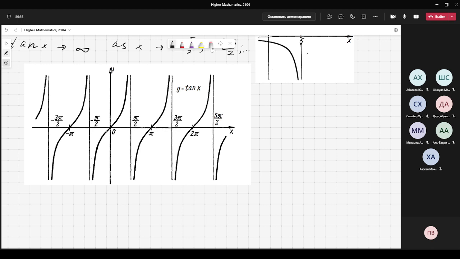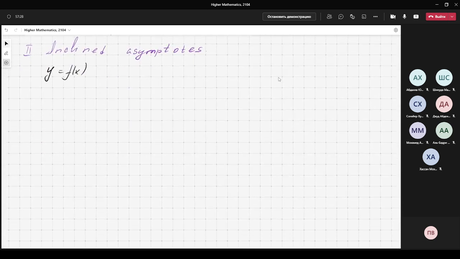The second case: inclined asymptotes. Let the curve y is f of x have an inclined asymptote whose equation is y equals kx plus b.